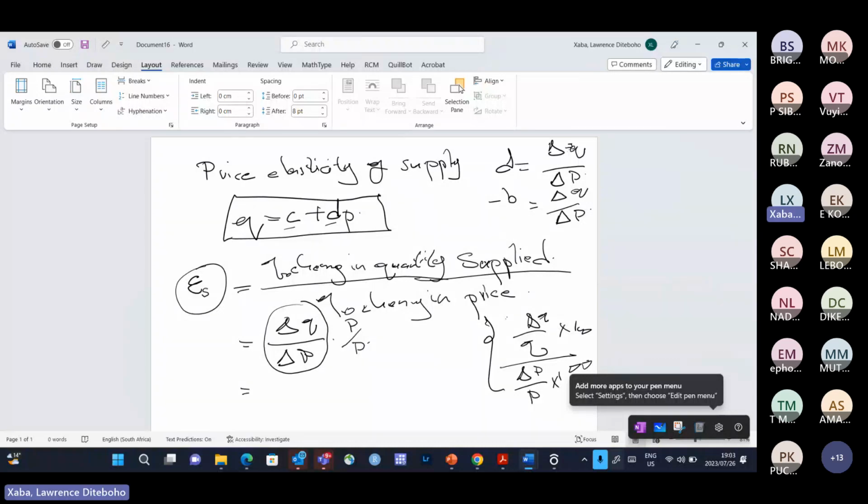Now because we're talking about supply, our slope is going to be positive. Then we have D times P divided by Q. This is the formula that you're going to use to find the price elasticity of supply.